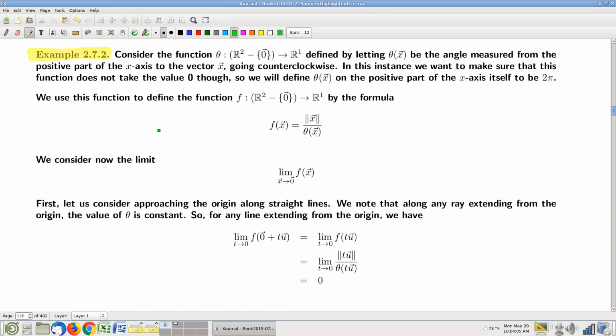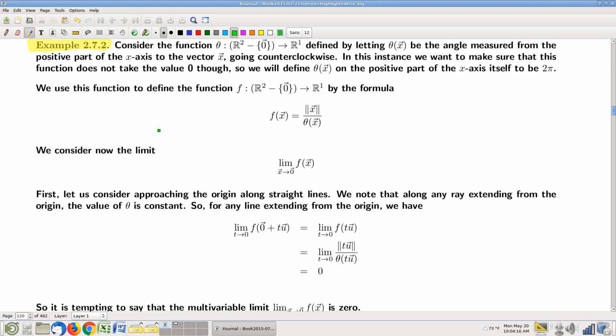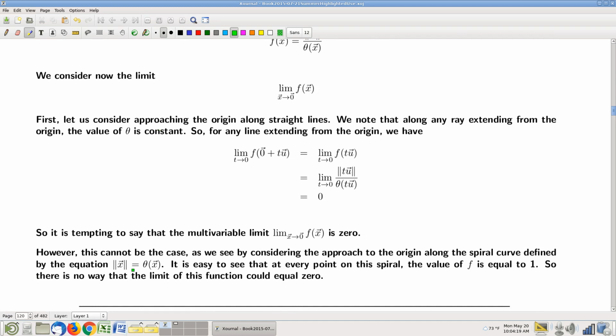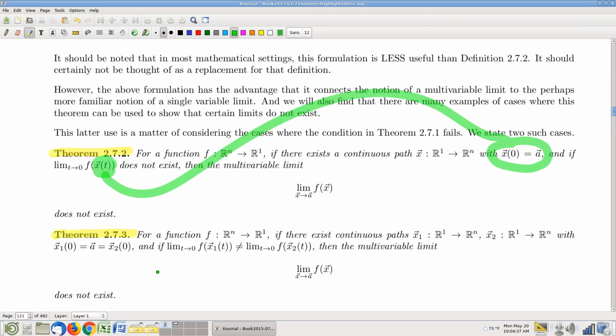Here, all straight lines through the origin give you the same answer of 0. And yet, if you look along this spiral, you don't get 0. So there is a disconnect, a jump discontinuity, some kind of weird thing going on there. This limit really does not exist, and the straight line strategy did not detect that.